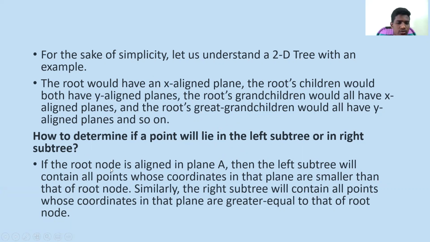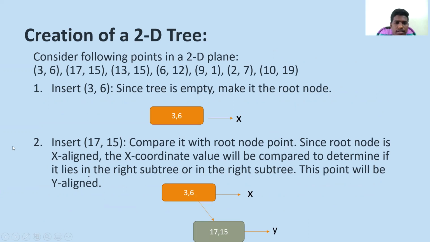If the root node is aligned in plane A, then the left subtree will contain all points whose coordinates in that plane are smaller than the root node. The right subtree contains all the points whose coordinates in that plane are greater than or equal to the root node.